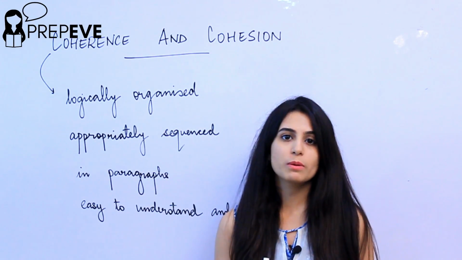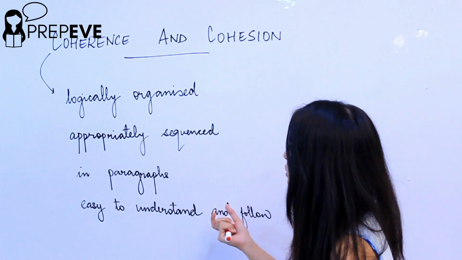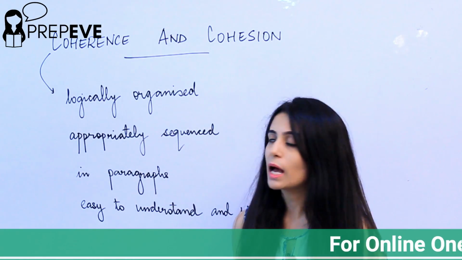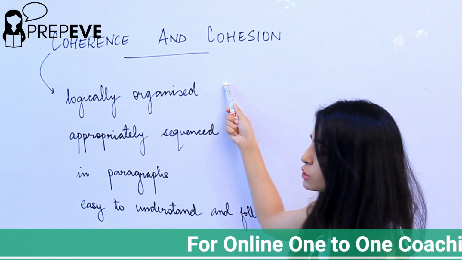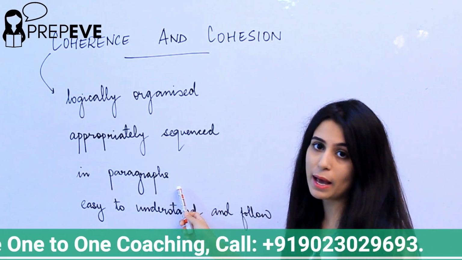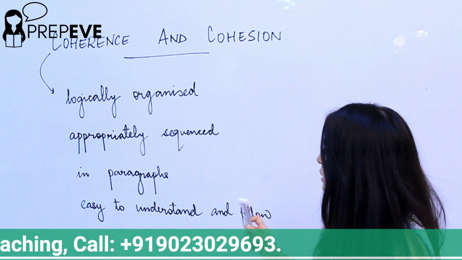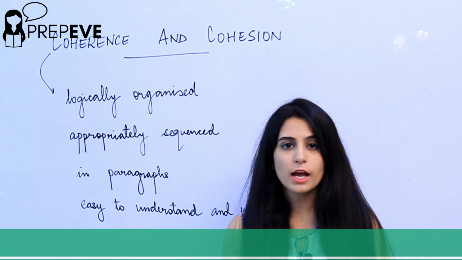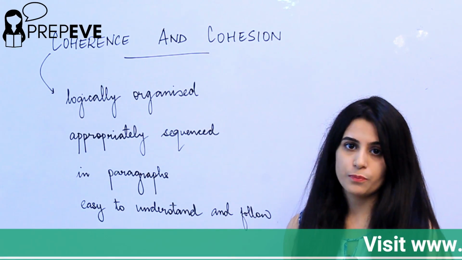We will just discuss the possible structure, or the possible way we can frame our paragraphs or our essay, so that our ideas are organized properly, appropriately sequenced in paragraphs, so that it is easier for the reader or our examiner to understand and assess us, right?